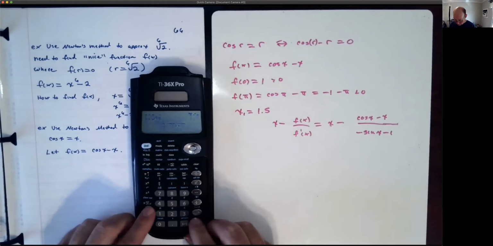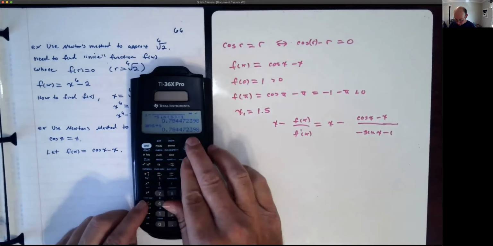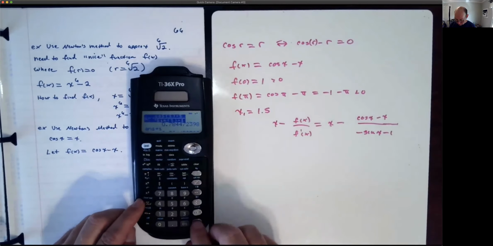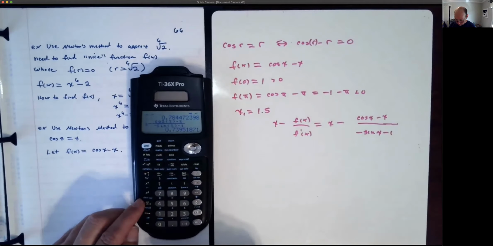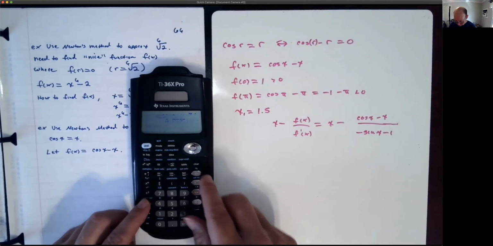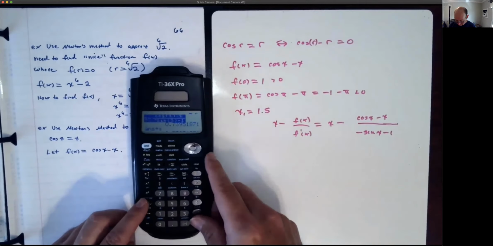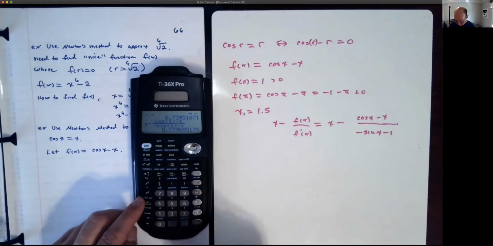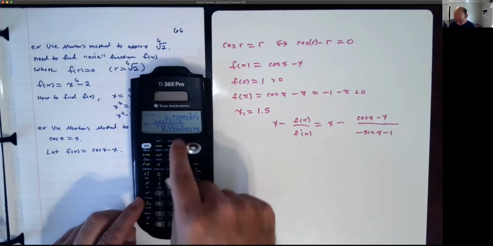Let's store this as x. Do it again. 0.739. Try again. Looks like we're stabilizing at 0.739.